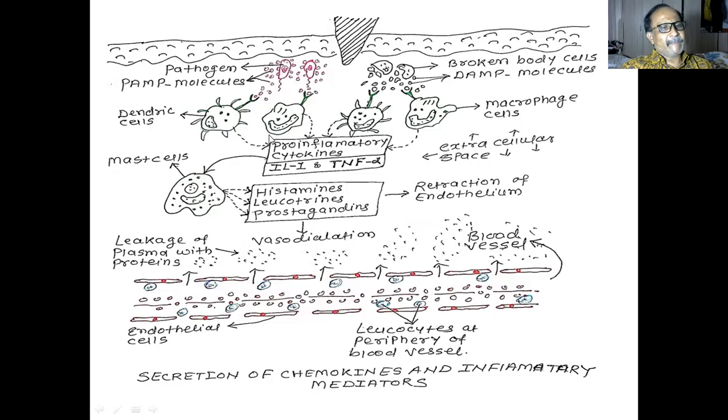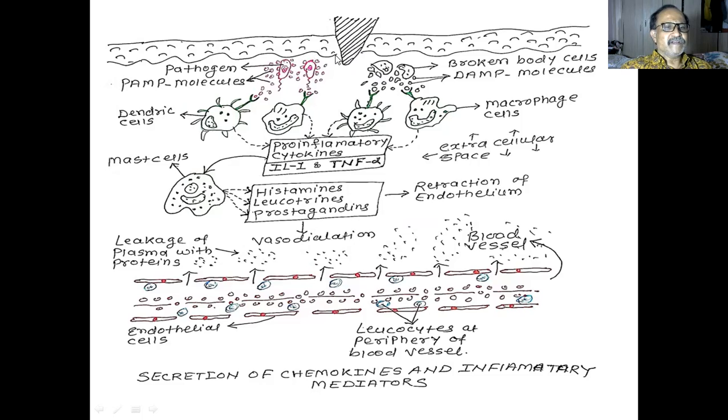See here, these are the pathogens, these are the damaged cells. By the entry of the sphincter these cells get damaged, and then the pathogen enters the body of the animal. That pathogen also attacks the body cells and causes destruction of the body cells.